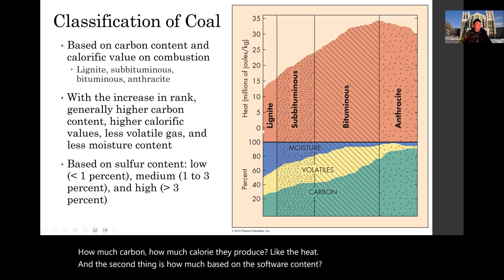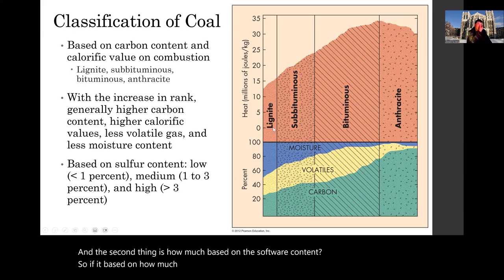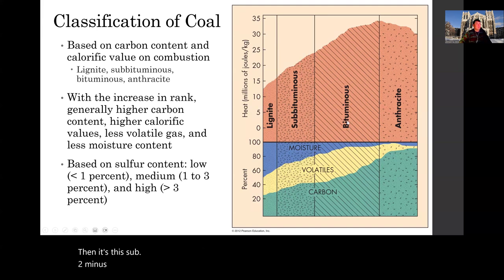Based on how much heat they produce, the lowest kind is called lignite. Then it's bituminous coal, and then anthracite. Anthracite and bituminous are the best quality of coal.